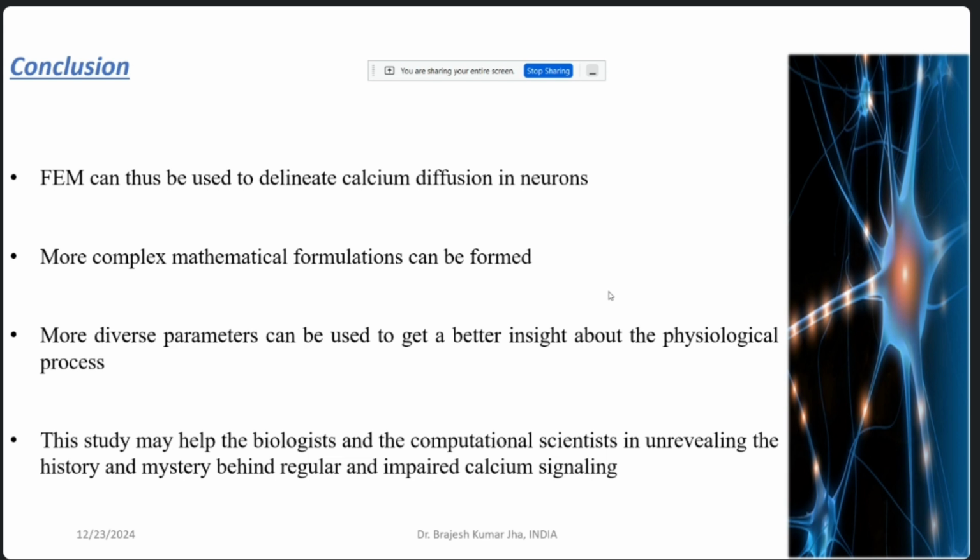For a neuron cell, a complex mathematical formulation can be formed. Diverse parameters can be used to get a better insight about the disease with the help of calcium dynamics. Mathematically also, on the fuzzy differential equation, the study of the calcium buffering process you can see also.